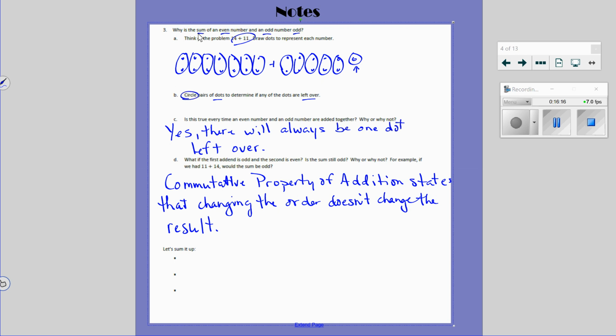Commutative property. So let's sum up. What rules did we just determine? If I have an even and I add an even number to it, what do I get? Even, because everybody's matched up, right? If I have odd and I add an odd number, what happens?